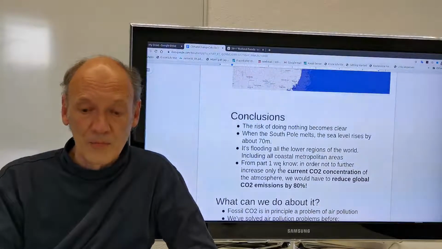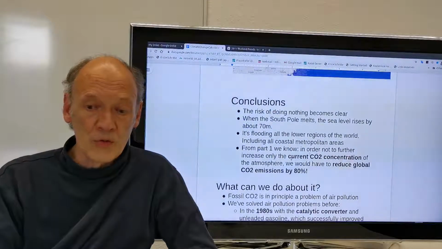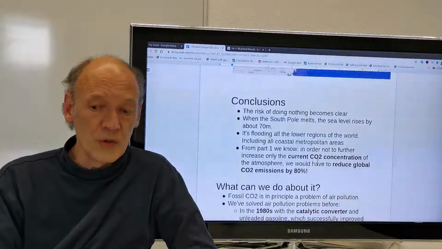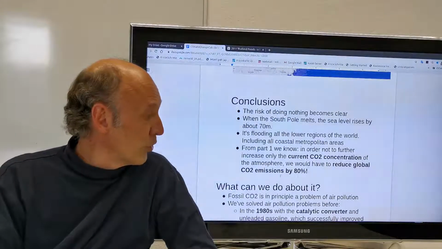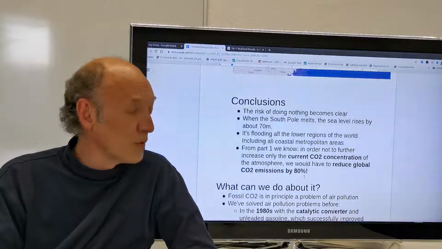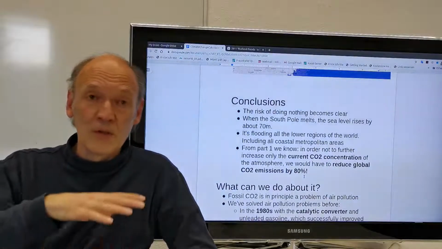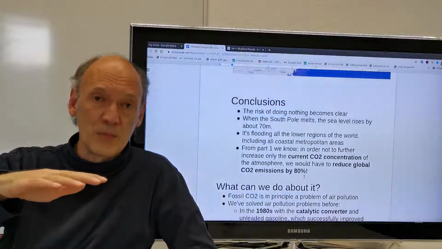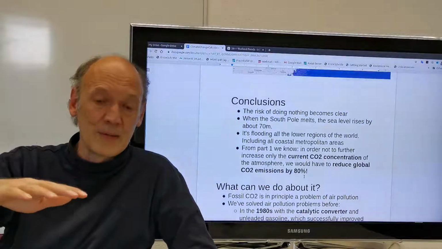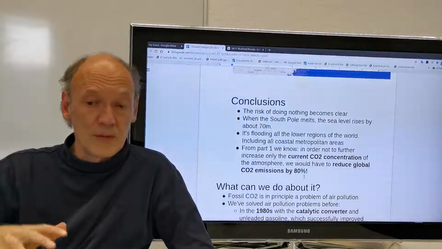That's bad, very expensive. So from part 1 we know, in order not to further increase even the current CO2 concentration of the atmosphere, we would have to reduce global CO2 emissions by 80%. By this reduction by 80%, I mean we just could be staying at 410 parts per million. This is already a high level. So 80% would not allow us to reduce this level.